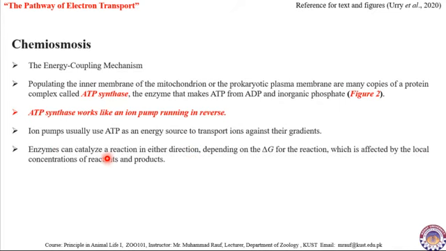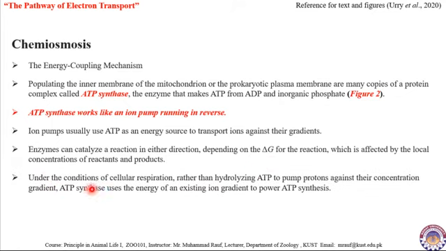Enzymes can catalyze a reaction in either direction depending on the delta G. Delta G is the free energy. Free energy is the energy which can perform work. So those reactions which are exergonic, which don't require the input of energy, will be more feasible for the enzymes to catalyze.